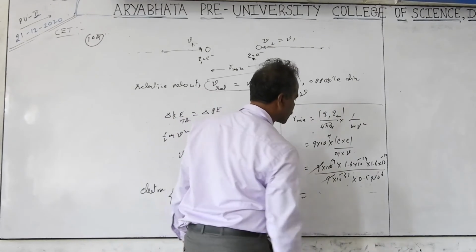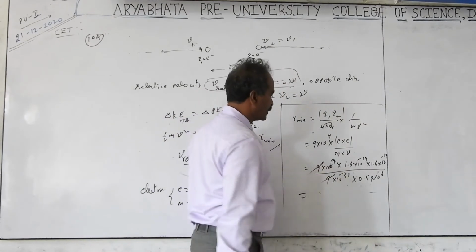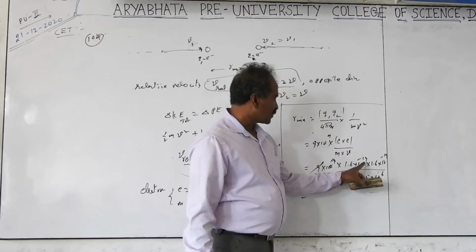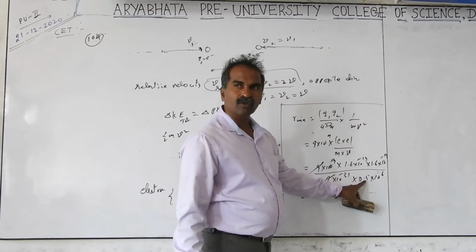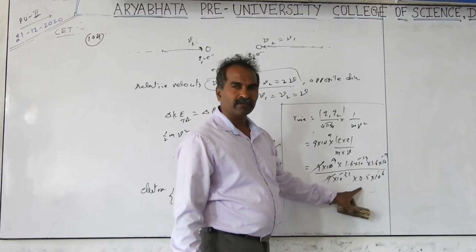The 9 cancels. This becomes 1 by 0.5, which is 2; that is 10 by 5, which is 2 only.